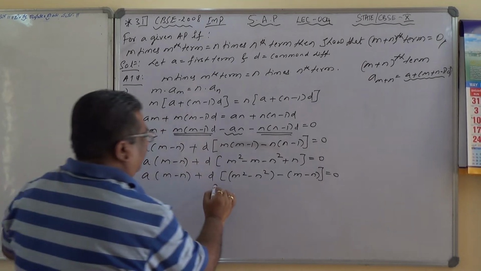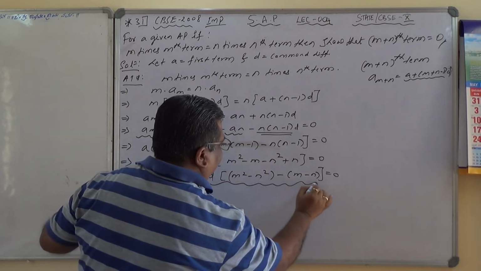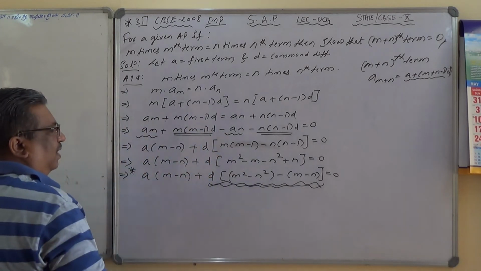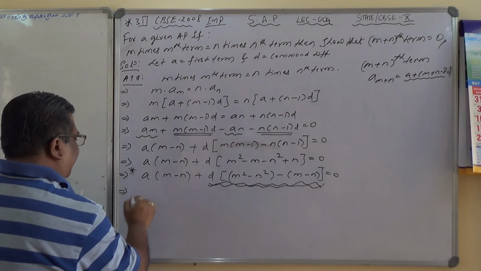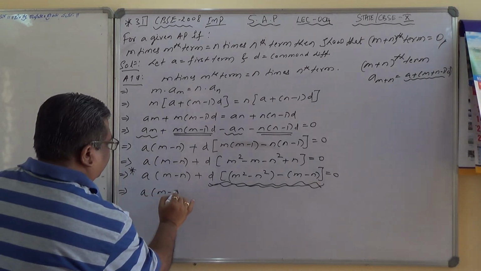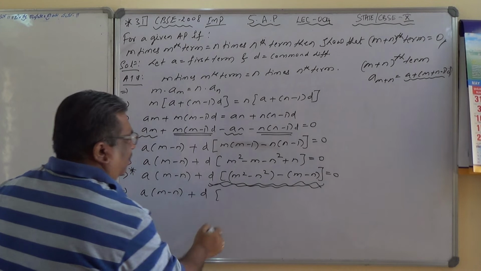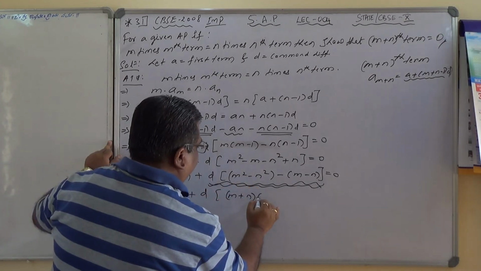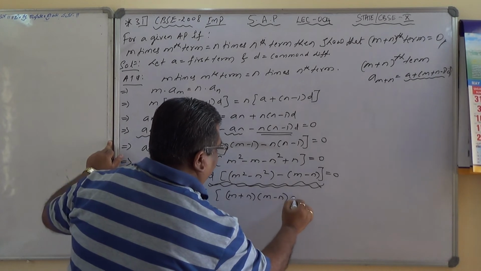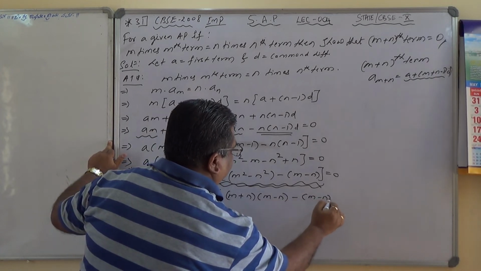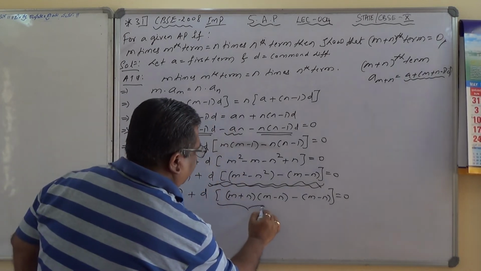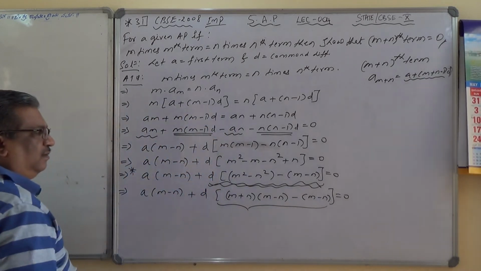A small modification here, and this is a most critical step. The manipulation over here is very important, because you must know this. Now again, the next step is also very critical. A times m minus n plus D times, what is m square minus n square? M plus n into m minus n, minus m minus n, which equals 0. Out of these two terms here, check, what is common?